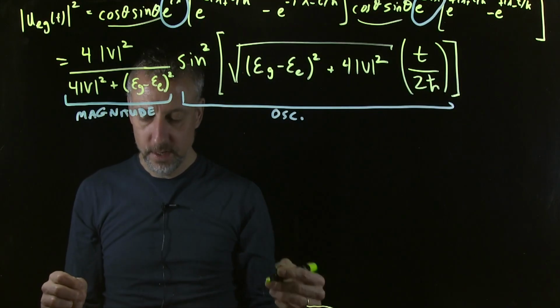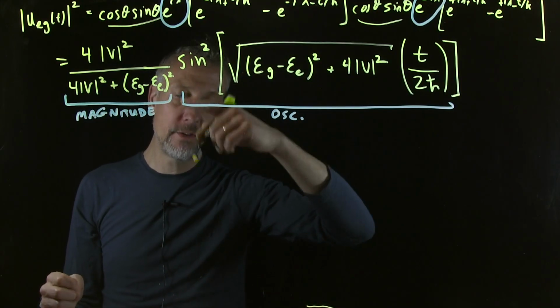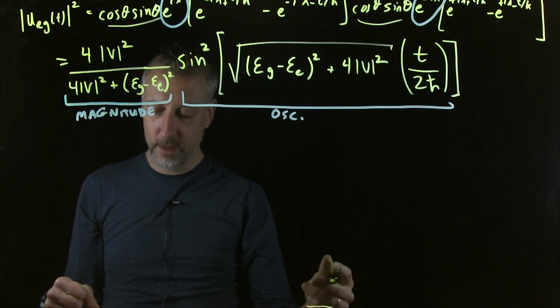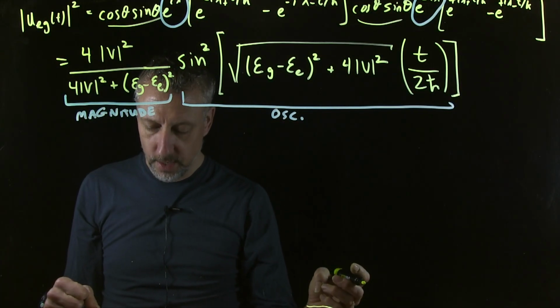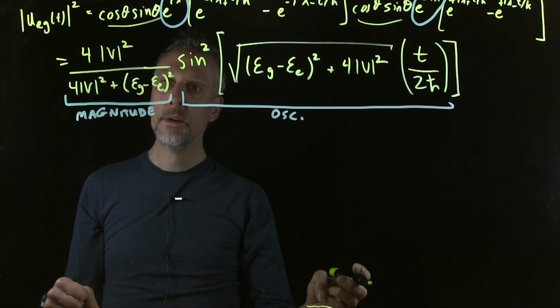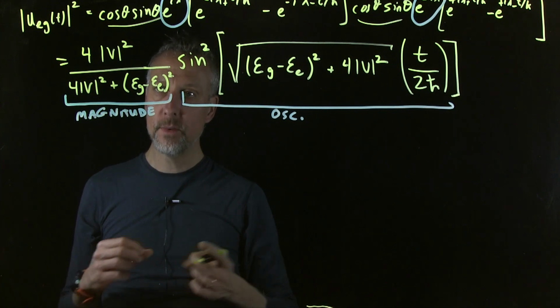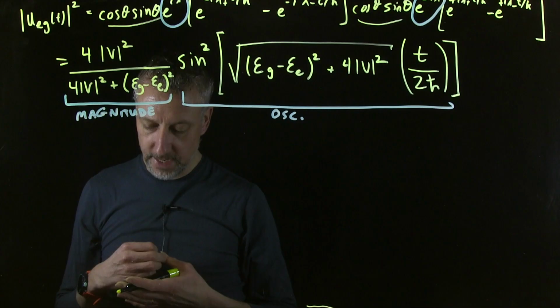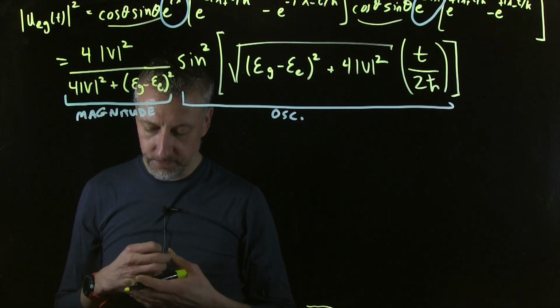And it's sine squared. As you expect, this should be positive for all values. And the other question is, can it go greater than 1? So that's an interesting question. So you can ask, can this amplitude actually be greater than 1? So we're going to look at that in a minute.